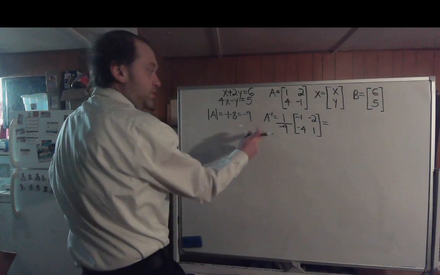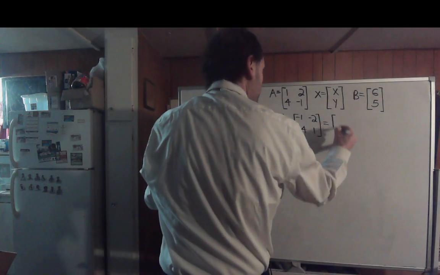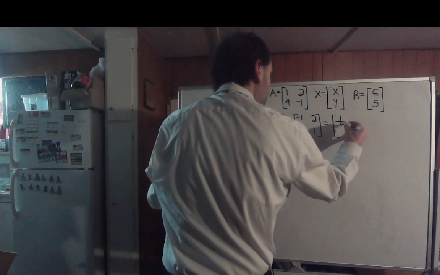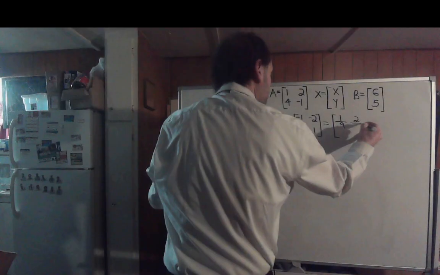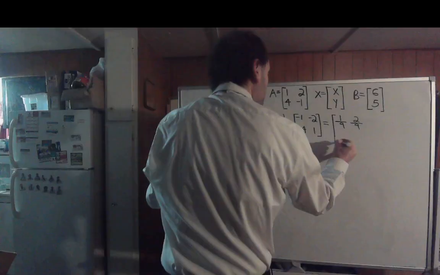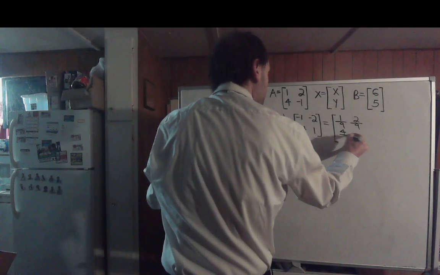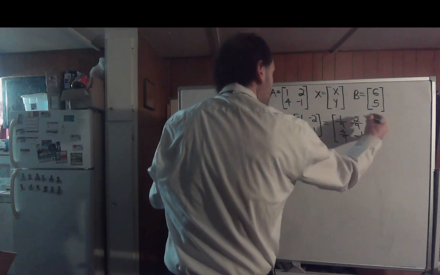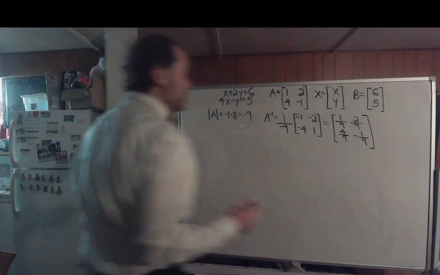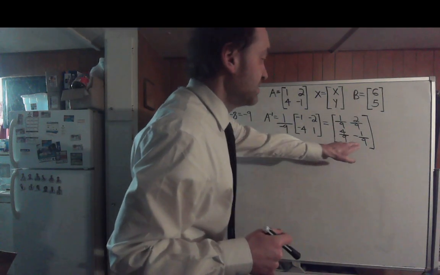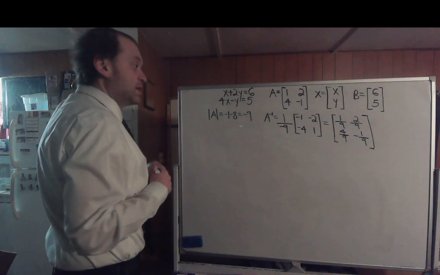Which would give you your A inverse. If you do the scalar multiplication, that would be +1/9, +2/9, +4/9, and then -1/9. So there is your A inverse, 1/9, 2/9, 4/9, and -1/9.